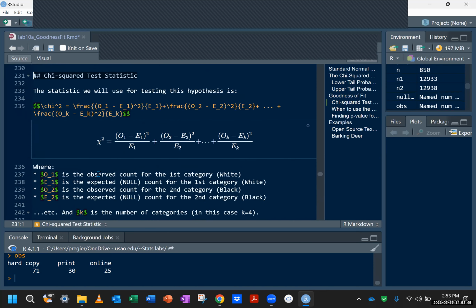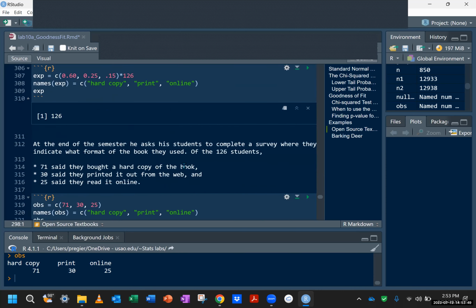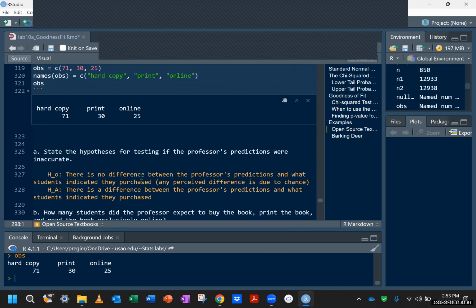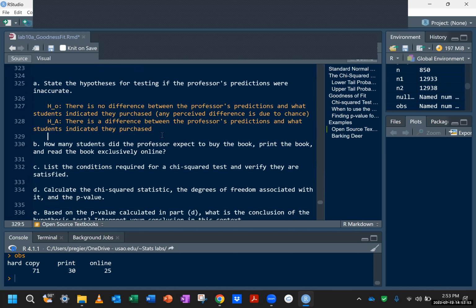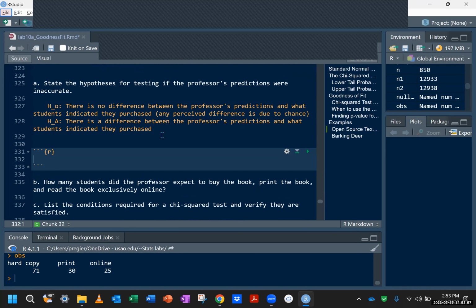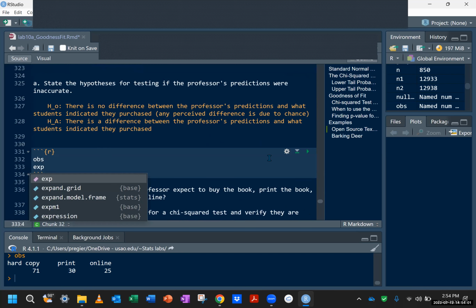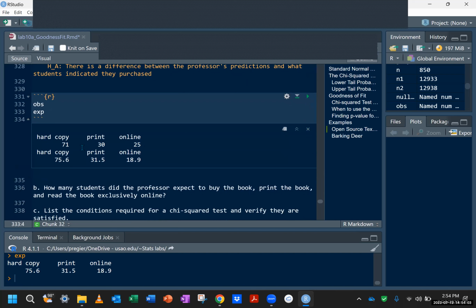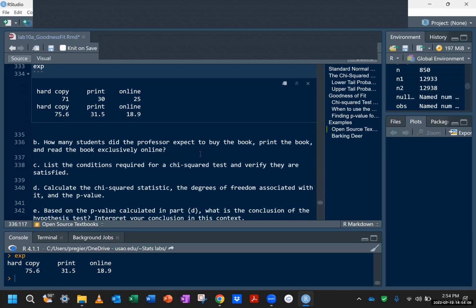These are observed and expected counts. So back to the open source textbook, I have my observed and expected counts, and my null hypothesis says they're the same. Let's just look. Observed and expected, they look very, very similar. I'm saying we got a pretty good prediction. That's just my guess.